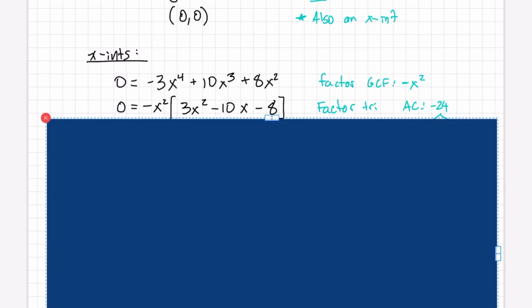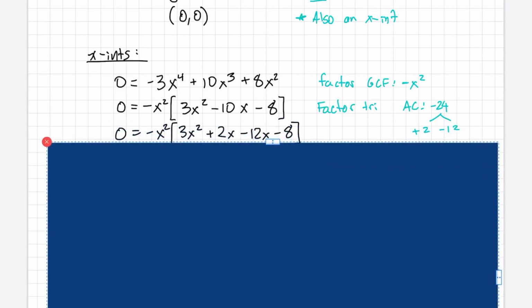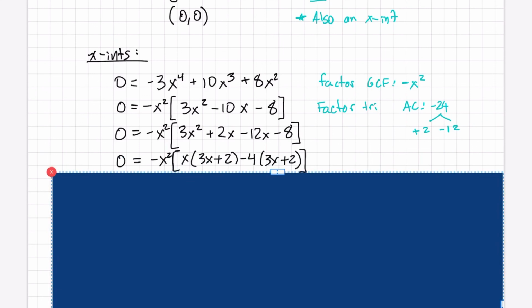Now we need to factor this trinomial. So I'm going to do the AC method. I'm going to do a times c. I get negative 24. And then the factor pair that works is 2 and negative 12. So I split that b up into 2 and negative 12. And then factor by grouping.